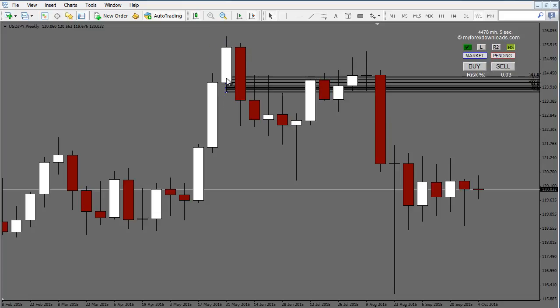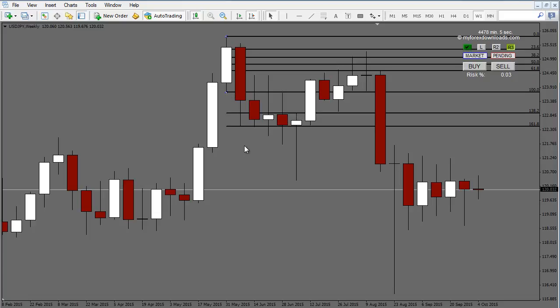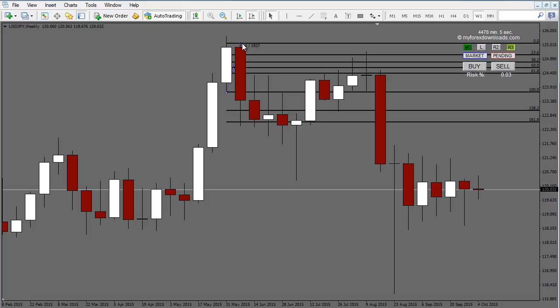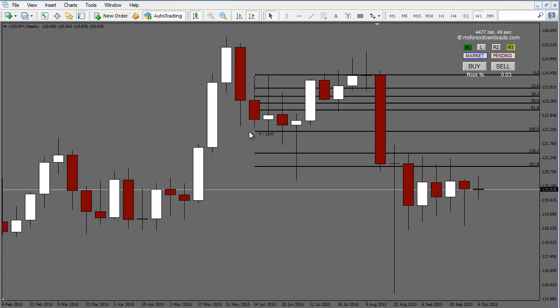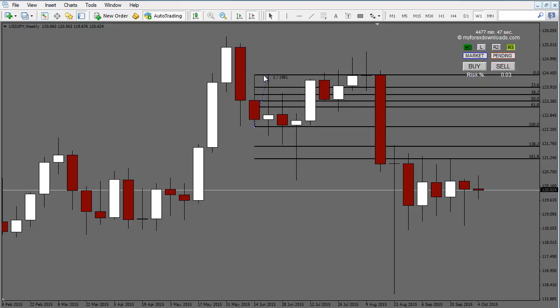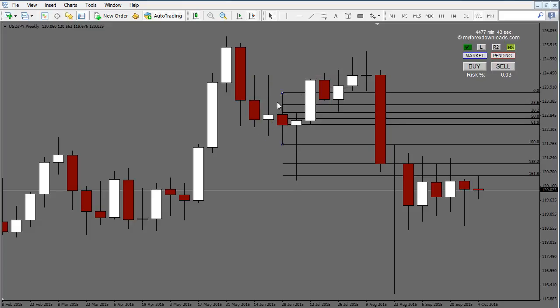Price does not break the high, so we're actually going to reverse our Fibonacci tool, and we're going short. We come into our target range. Next one, price breaks, target range hit, target range hit, again and again.